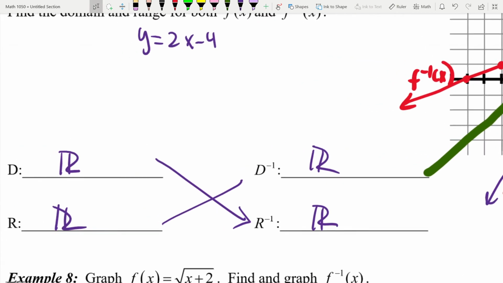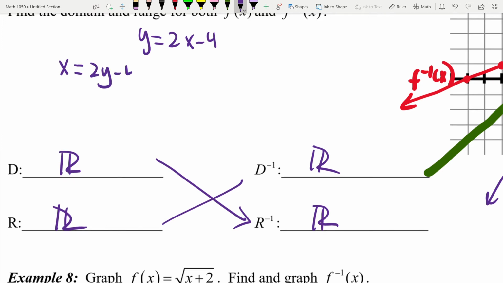Look at your equation. Make your x a y, make your y an x. Everybody go x equals 2y minus 4. Now solve it for y. Pull your 4 over and it becomes a positive. So 2y equals x plus 4. Everybody tell me what to do now to solve for y. Divide by 2.